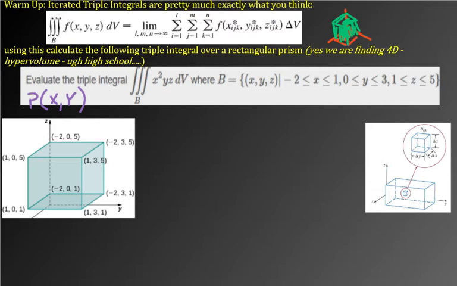But you can also extend that to x, y, and z, and now you're thinking about the chance that x, y, and z occur in some rectangular 3D region. So they're not always about area and volume, but a lot of times that's an easy way to teach them to people, so we start there.